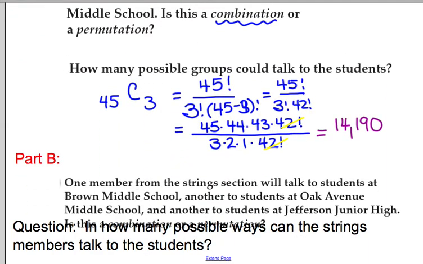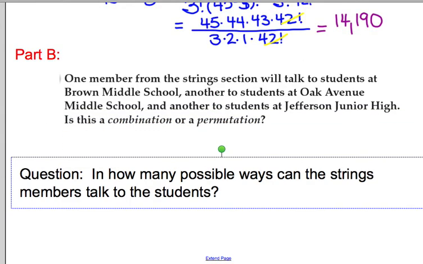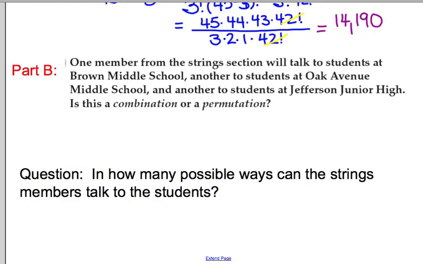All right, here's the second question, part B. One member from the string section will talk to the students at Brown Middle School. Another one will go to Oak Avenue Middle School, and another one will go to Jefferson Junior High. Is this one a combination or a permutation?